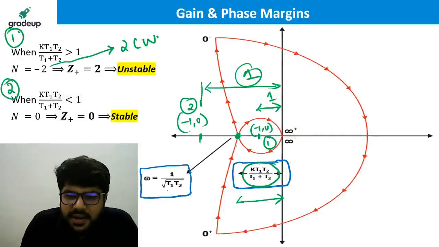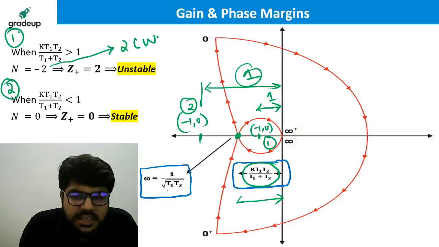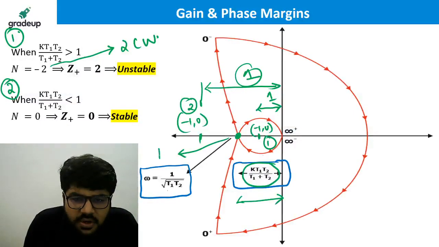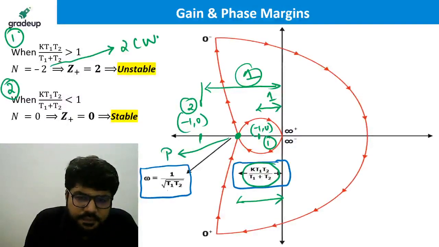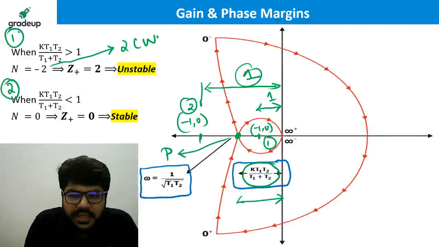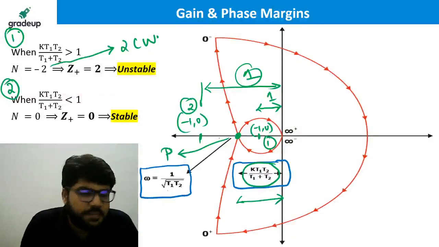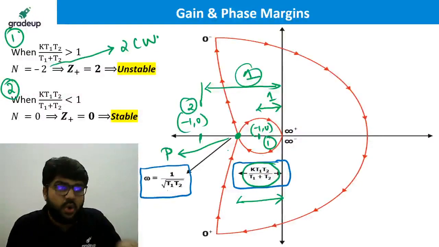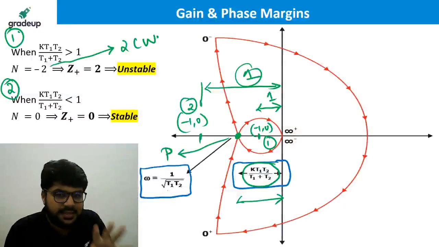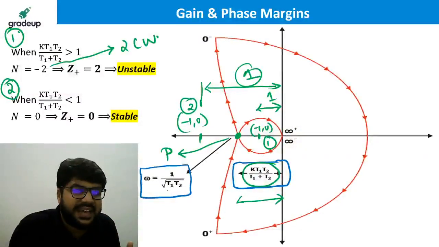So stability depends upon the magnitude at this point, and I am going to give this point a special name. Let us call this point P, the point at which your polar plot cuts the negative x-axis. Only the negative x-axis will be of concern right now. Why only the negative x-axis?